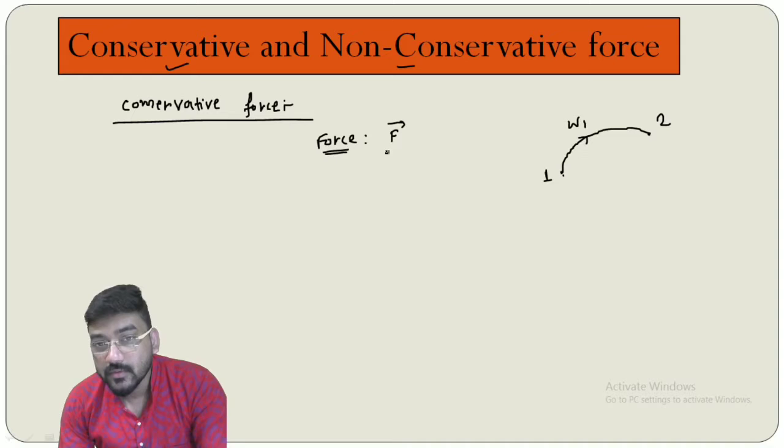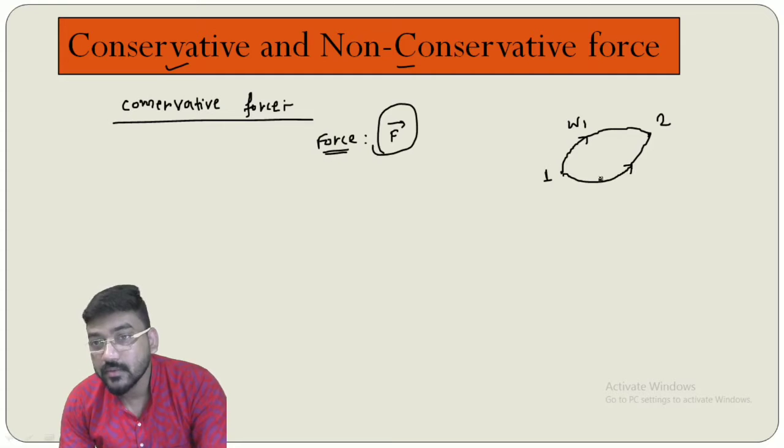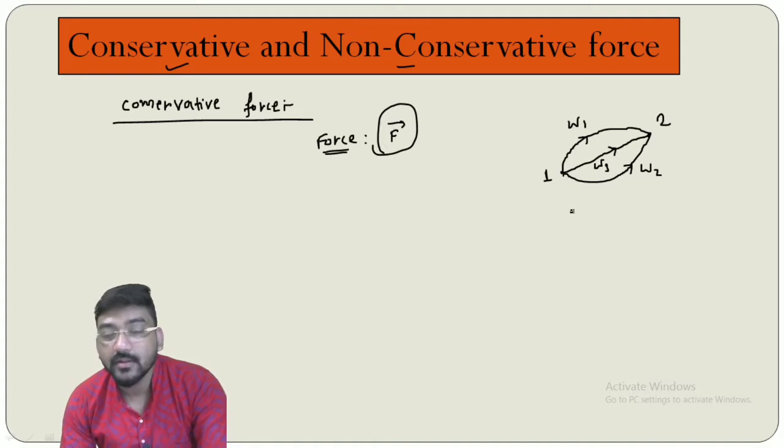Now with the same force, if work is done along another path like this, suppose the work done is W2. Similarly, if we choose a straight path from 1 to 2 like this, suppose the work done along this path is W3.